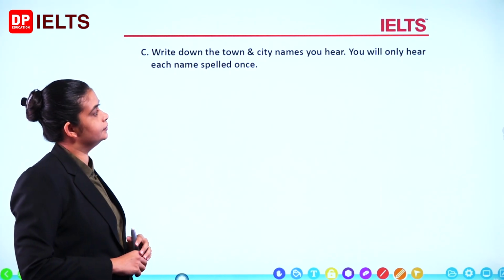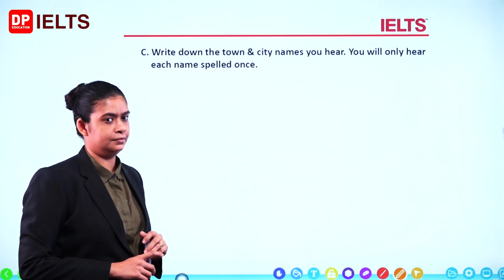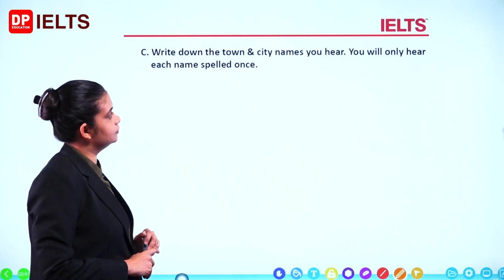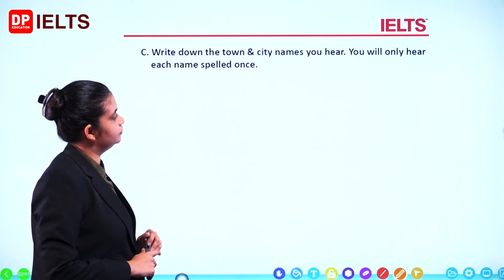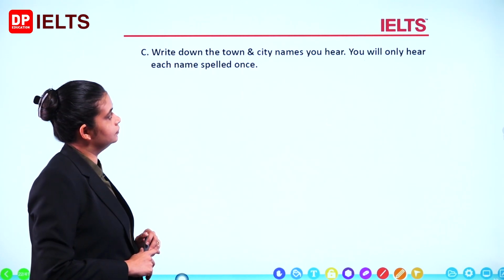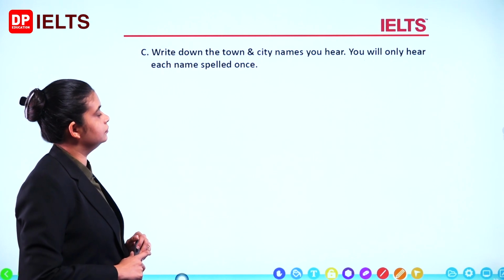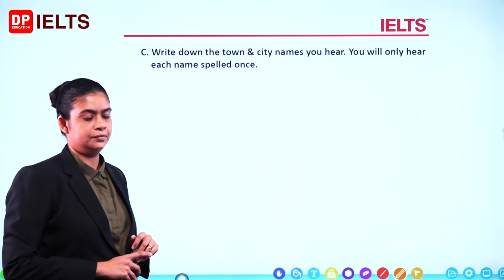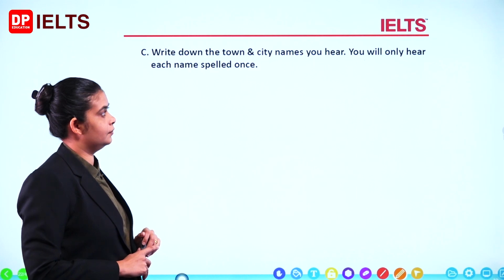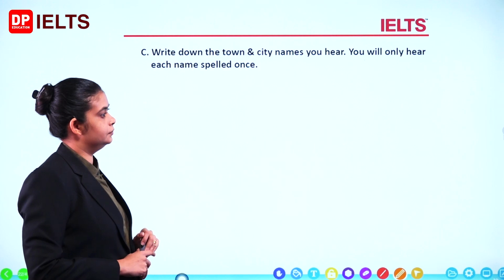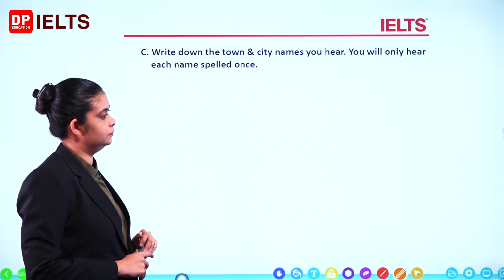Number 1, Birmingham. B-I-R-M-I-N-G-H-A-M. Number 2, Carlisle. C-A-R-L-I-S-L-E. Number 3, Chichester. C-H-I-C-H-E-S-T-E-R. Number 4, Leicester. L-E-I-C-E-S-T-E-R.